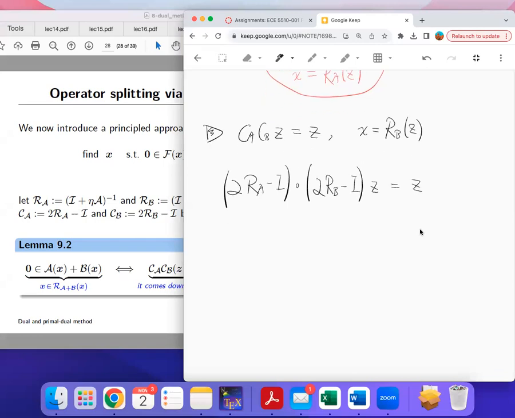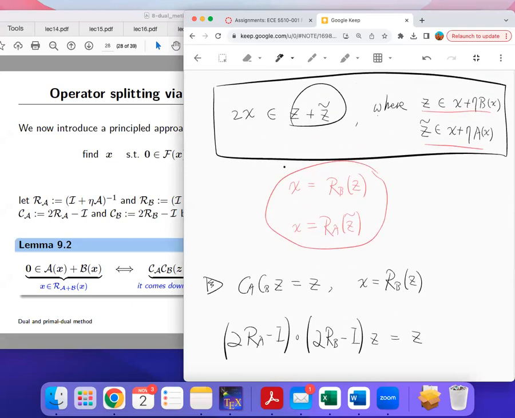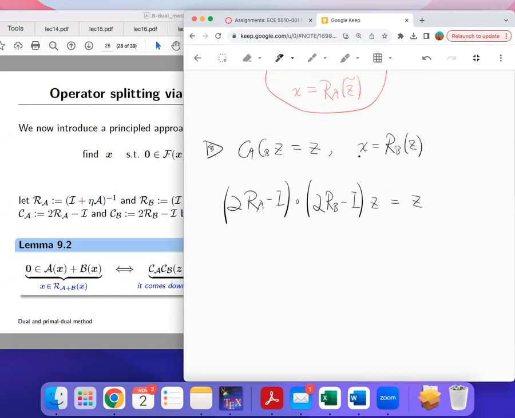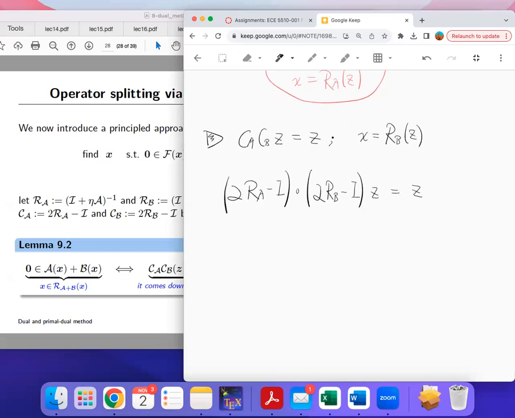Now let's just expand this equation carefully. It is not easy to go from here to here, but maybe easier to go from the bottom to the top. So let's start from the conclusion and go back to the top.